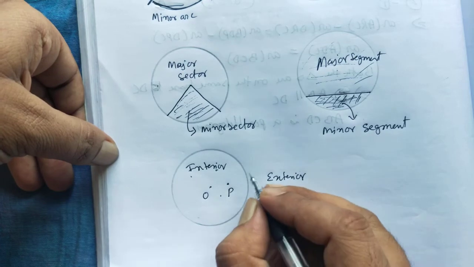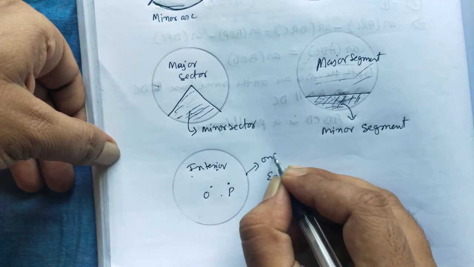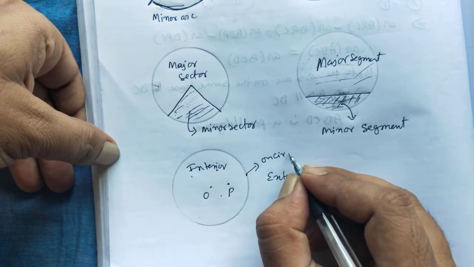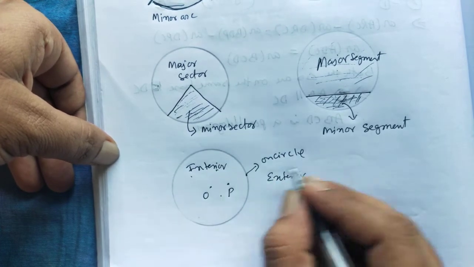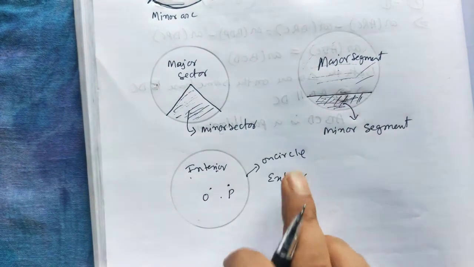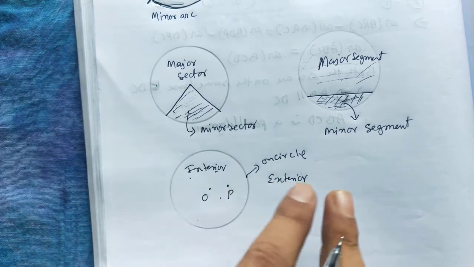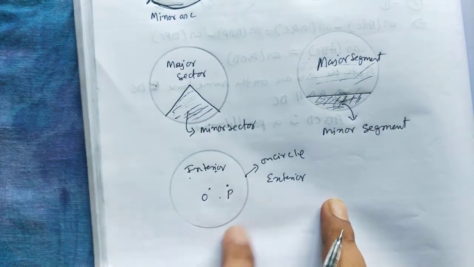And anything on the circle is called on circle. So points can be inside the circle, outside the circle, or on the circle.